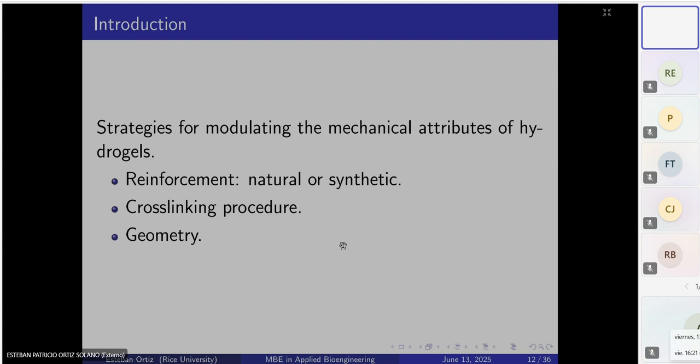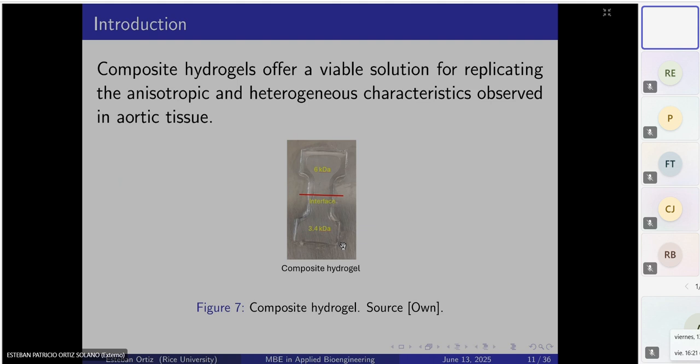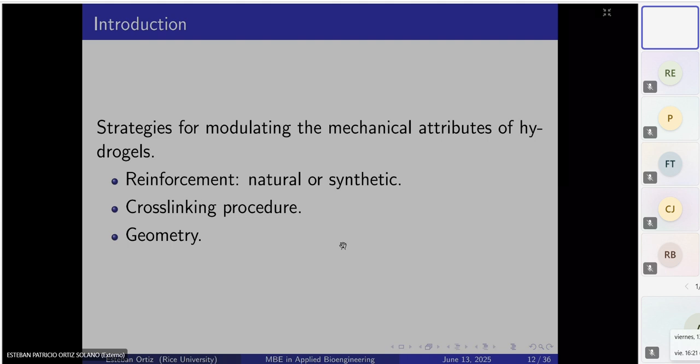So we have a couple of strategies for modulating the mechanical characteristics of this hydrogel. Right now, I just want to highlight that the hydrogel becomes one part of the other. And why is this important?